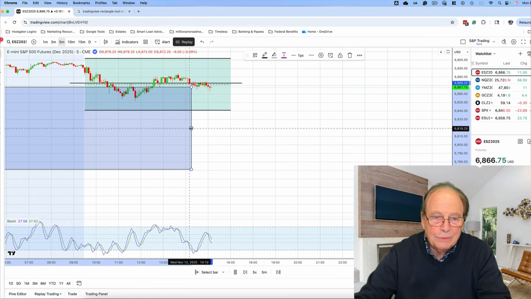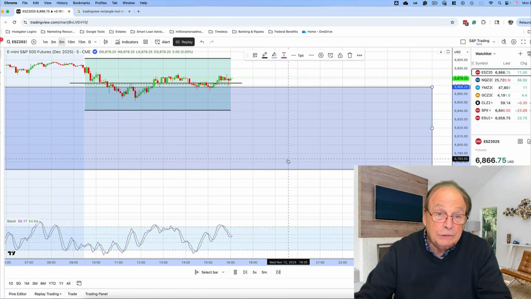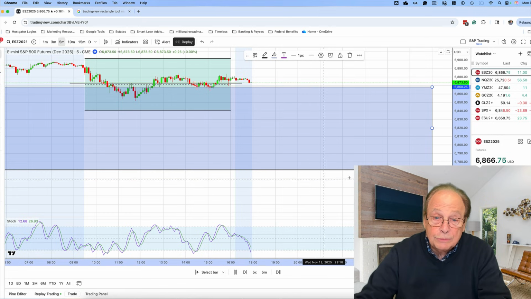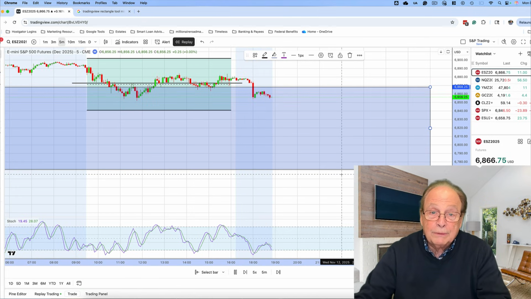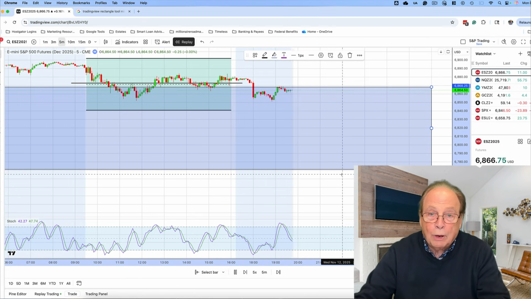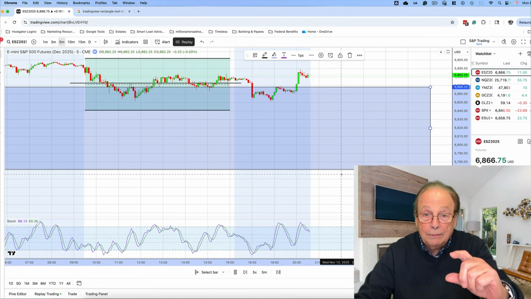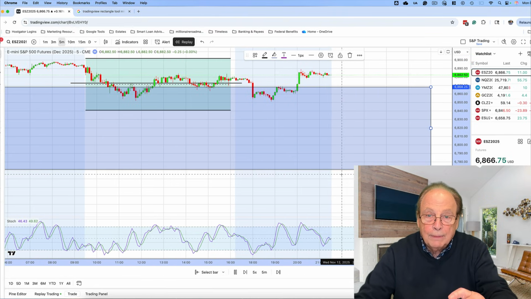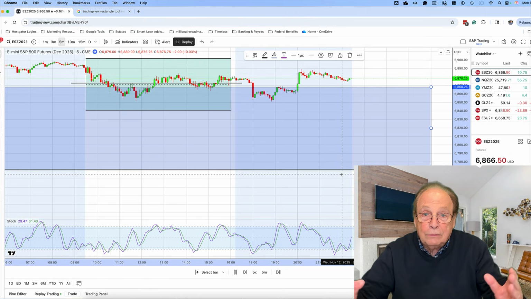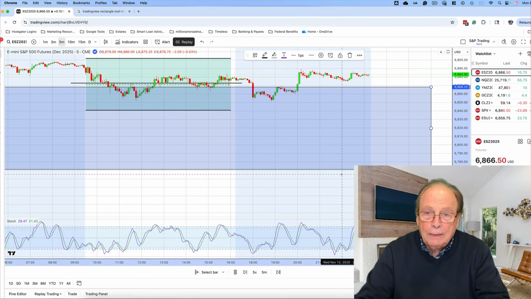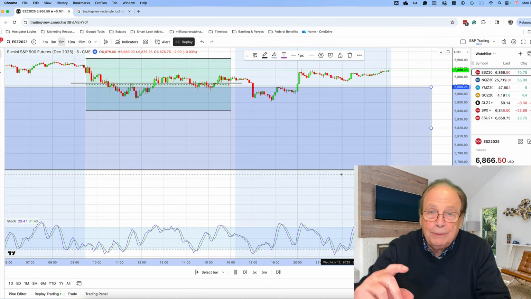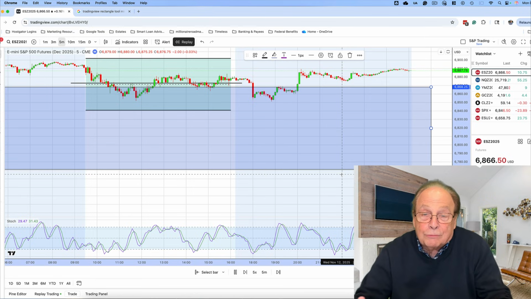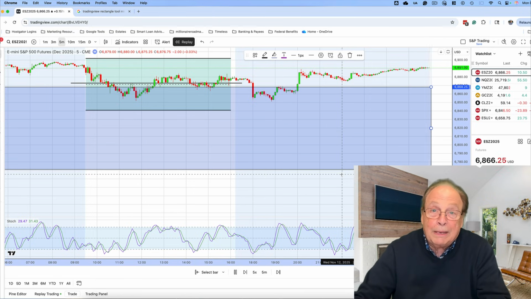And so the box theory, it's interesting. I admit it's interesting, because if you take one particular day and you draw a rectangle around the high and the low point, and you extrapolate it out toward the minute candle, you can say, well, the support is down at the bottom, the resistance is up at the top. Makes sense, right? Support and resistance is one basic trade.